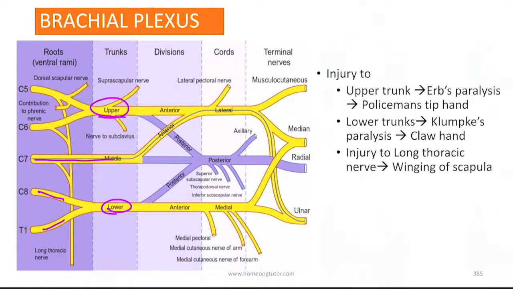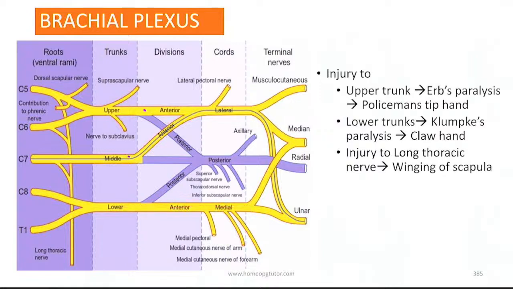Each trunk divides into an anterior and a posterior division. The anterior divisions of the upper and middle trunks join together to form the lateral cord. The anterior division of the lower trunk continues to form the medial cord.